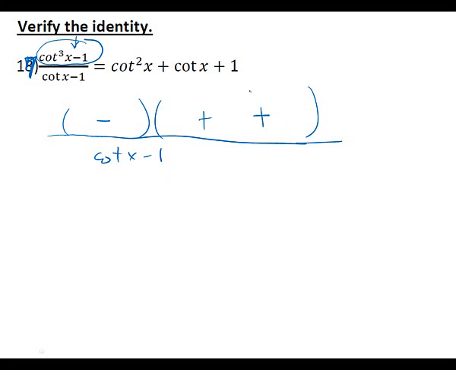It always ends in a positive. All right, we're going to take the cube root of the first term. What's the cube root of cotangent cubed? Cotangent x. What's the cube root of 1? 1. Okay, then we ignore the original and we square this first term, so we get cotangent squared x. We square the 1, we get what? 1. And then we ignore the sign, multiply together for the middle, we get?